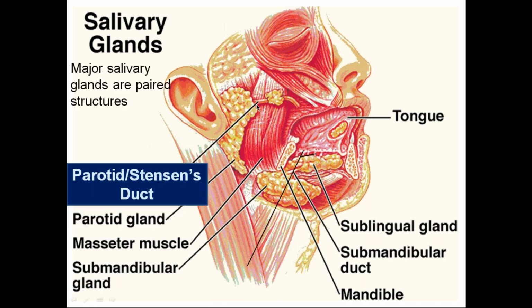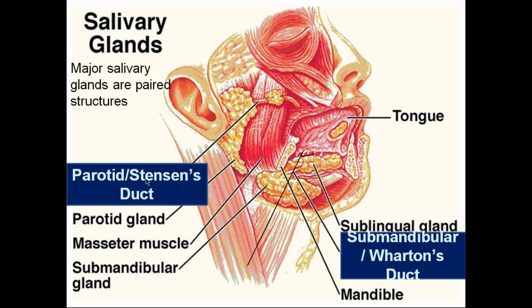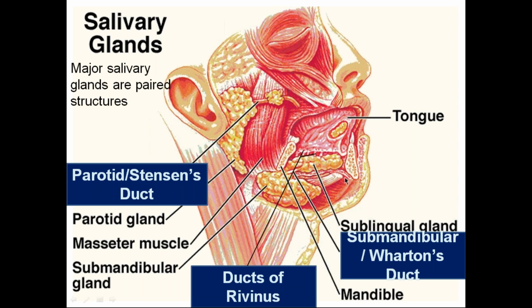The parotid duct is known as the Stenson's duct. The submandibular duct is known as the Wharton's duct, and the sublingual has the ducts of Rivinus. You have 5 to 15 small ducts of Rivinus. Remember where they open, where they are opening, what they are secreting.